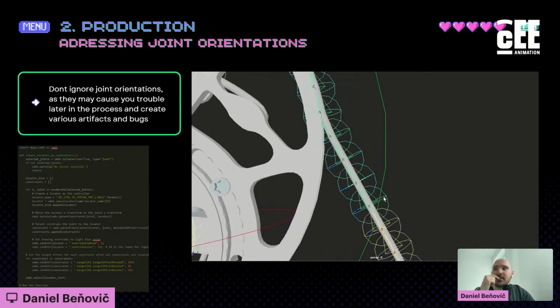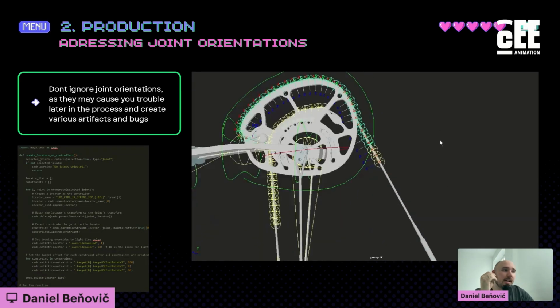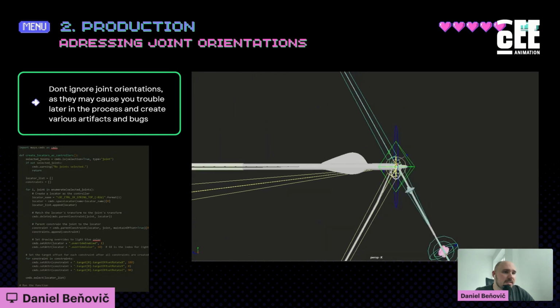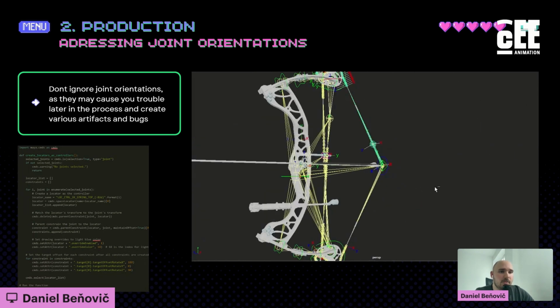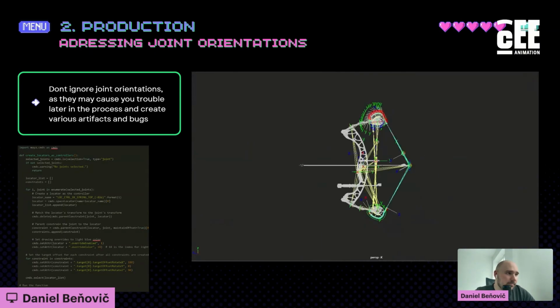Then we need to address the joint orientations, as aligning bones along the curve can sometimes lead to weird bugs and artifacts. The orientations must be clearly defined right from the alignment process. This entire process is about debugging and figuring out what works and what doesn't.